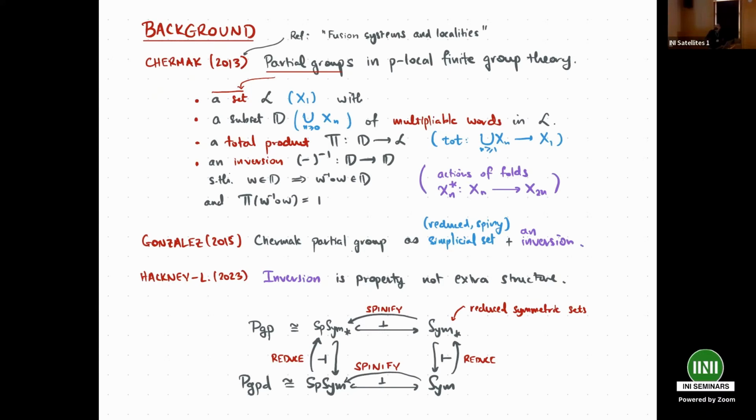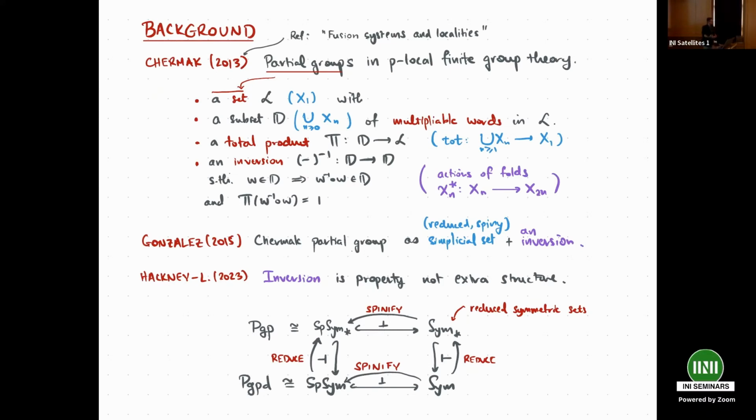So Gonzalez, a couple years later, recognized this was a simplicial thing, and in the terminology of the previous slide, identified partial groups as being a reduced finite simplicial set plus an anti-inversion that acts like inversion. But there can't be two different inversions on a monoid.